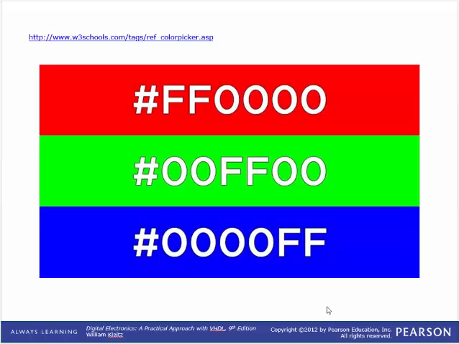One is all of our HTML colors. All of our web page colors are encoded in a hexadecimal format. So the color red, for example, is FF0000 in hex. This is called a red, green, blue color scheme, or RGB color scheme.